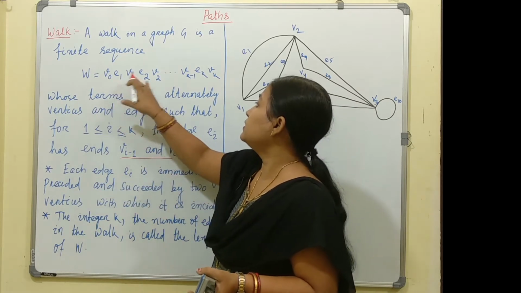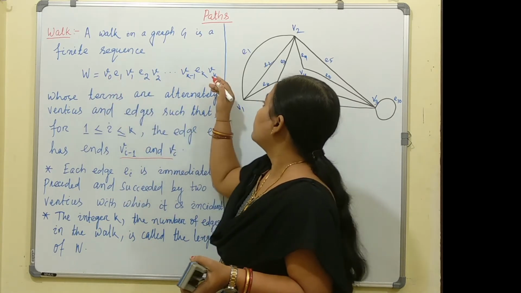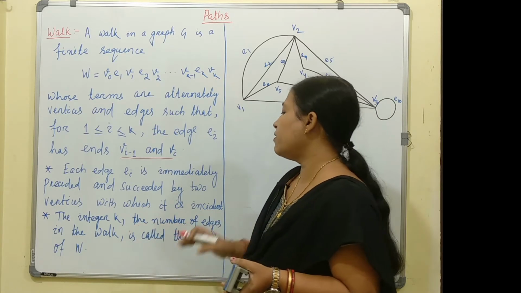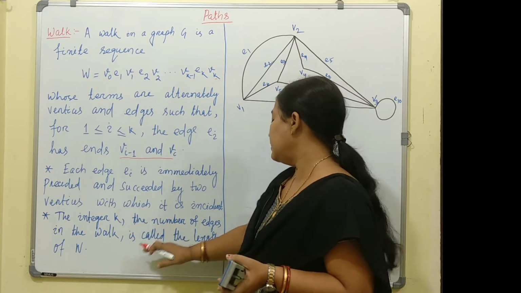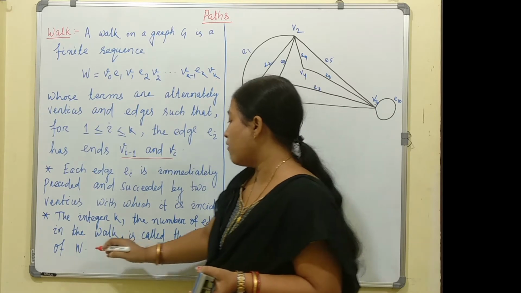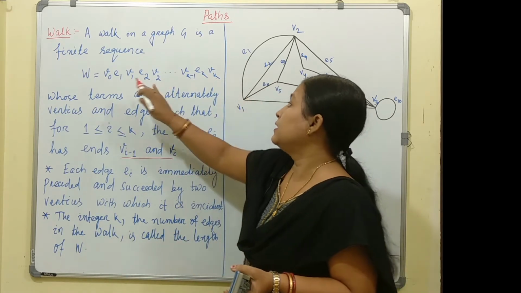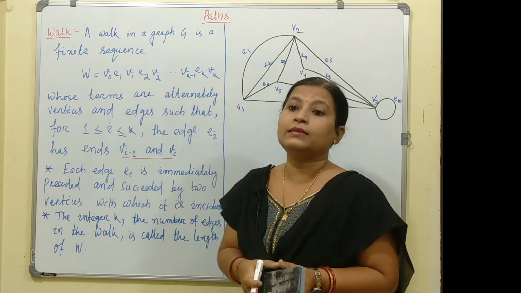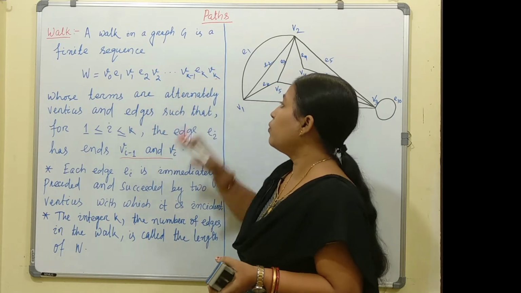And the integer k, that is the number of edges in the walk, is called the length of W. Here there are k edges, so k is the length of the walk.